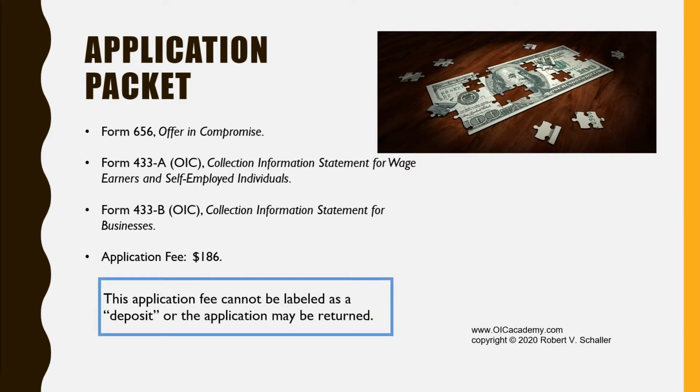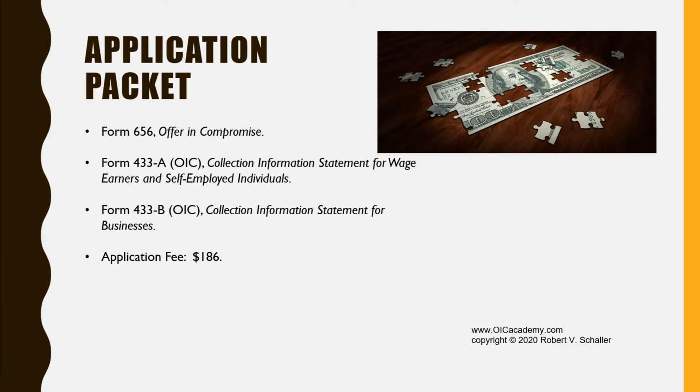The application fee will not be refunded to the taxpayer if the offer is accepted, rejected, withdrawn, or returned as unprocessable after acceptance for processing. This application fee is waived for certain low-income taxpayers and is not required for taxpayers seeking to compromise taxes based on doubt as to liability.